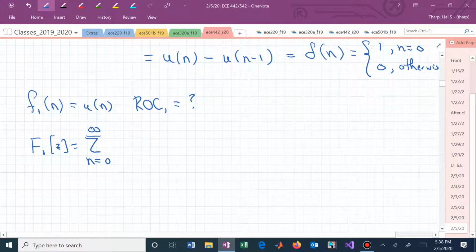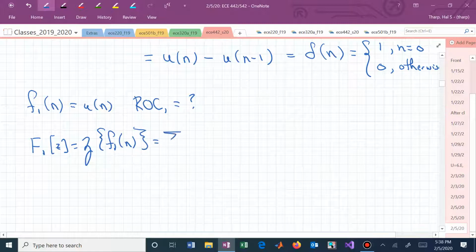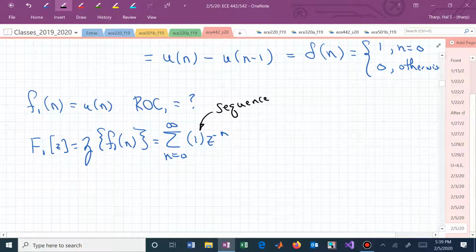I only need to worry about the indices from 0 to infinity, since the unit step is only non-zero over that interval of time. This is now my sequence, and it's only assuming one value, and it's the same value at each instant of time n.